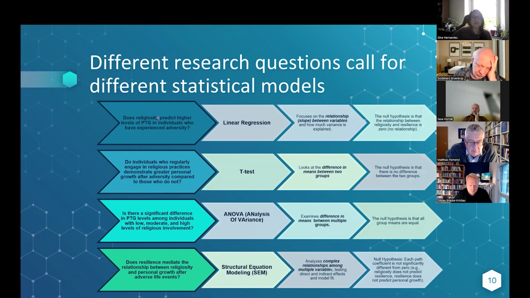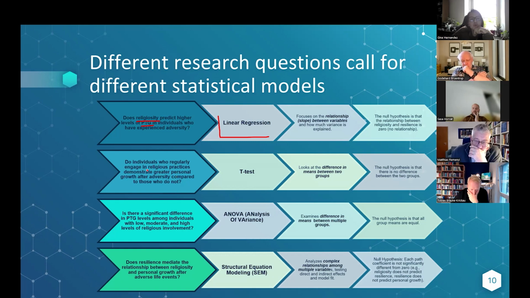For example, if you want to find out if religiosity predicts higher levels of post-traumatic growth in individuals, then you apply a linear regression, because you have 2 variables that you are measuring continuously. You don't have groups, so you use linear regression. But what about if you had groups?